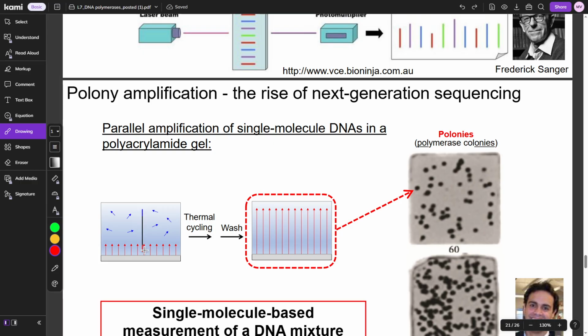And then you're going to elongate, right, using some sort of polymerase, like a normal polymerase. And then when you are going to actually do the part where you're trying to find the sequence of this section of DNA, right?